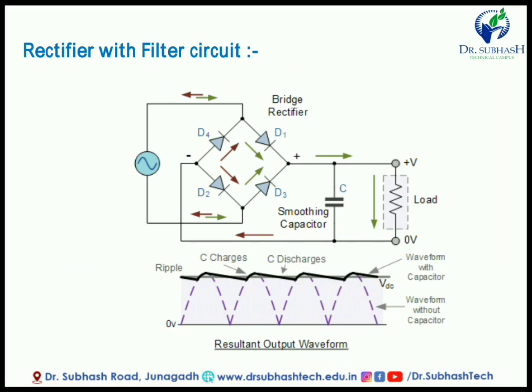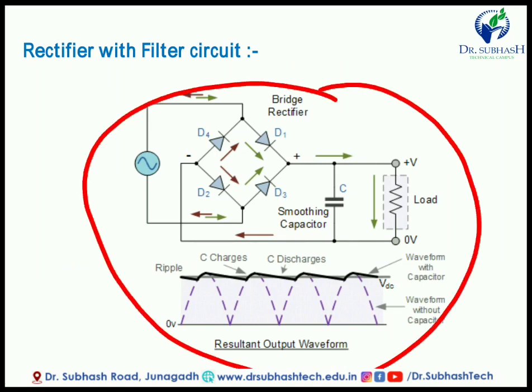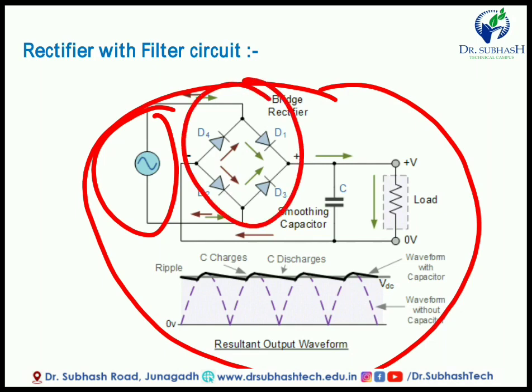Now this is the basic circuitry using a capacitor filter. If you want to design a rectifier, you have to connect a transformer and a bridge rectifier, and the output of the bridge rectifier is given to this filter. The filter can be any type: capacitor filter, inductor filter, LC filter or pi filter, you can use it according to your requirement, and the output is connected over here.